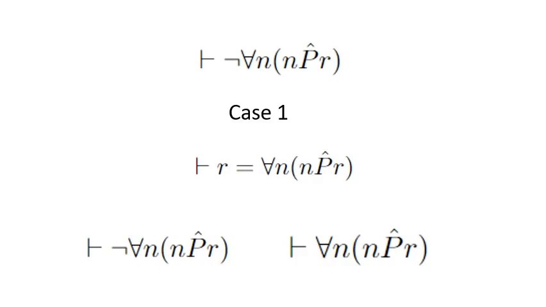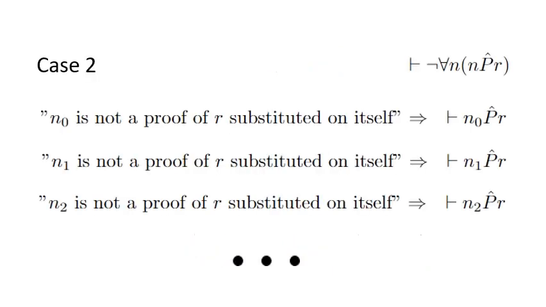In that case, for all n, since n is not a proof of r, then we can prove for every single n, P hat r. In that case, the system cannot be omega consistent, because we proved P hat r for every single n, and at the same time we proved the negation, that for all n P hat r.